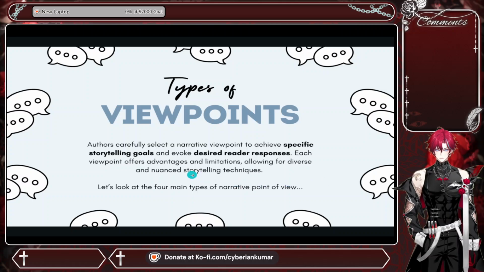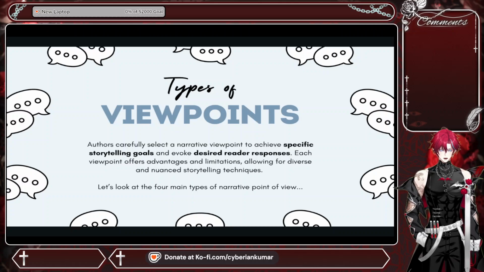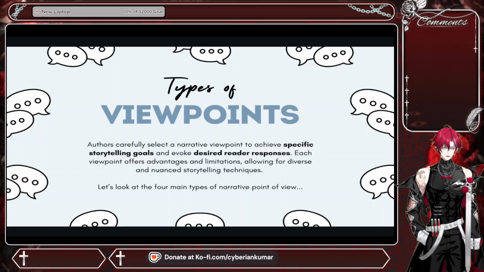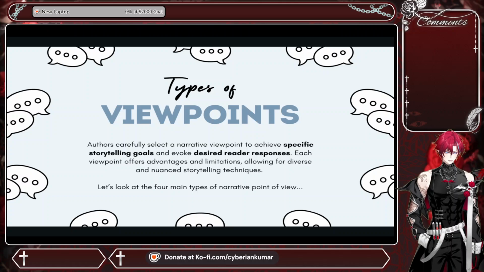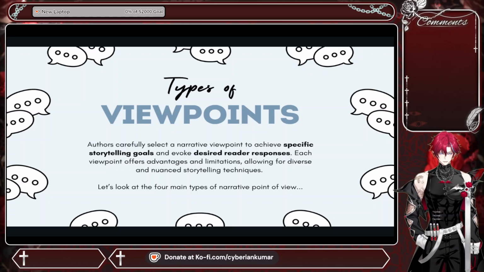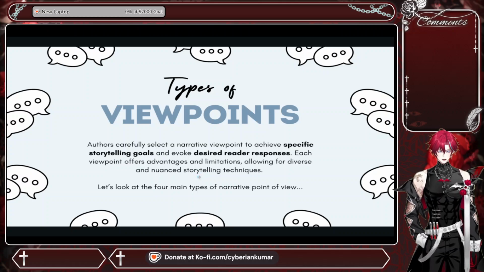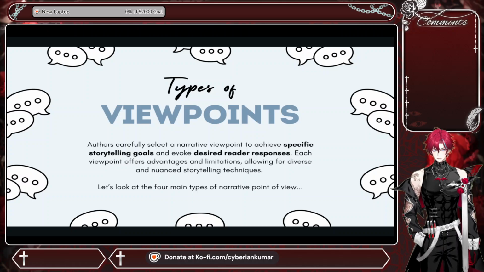Usually, when authors start to write a plot, they carefully select a narrative viewpoint which meets their storytelling goals, depending on which of the readers' desires they want to invoke from the player. As I said in the previous slide, what is the end feeling you want for a visual novel story, right?